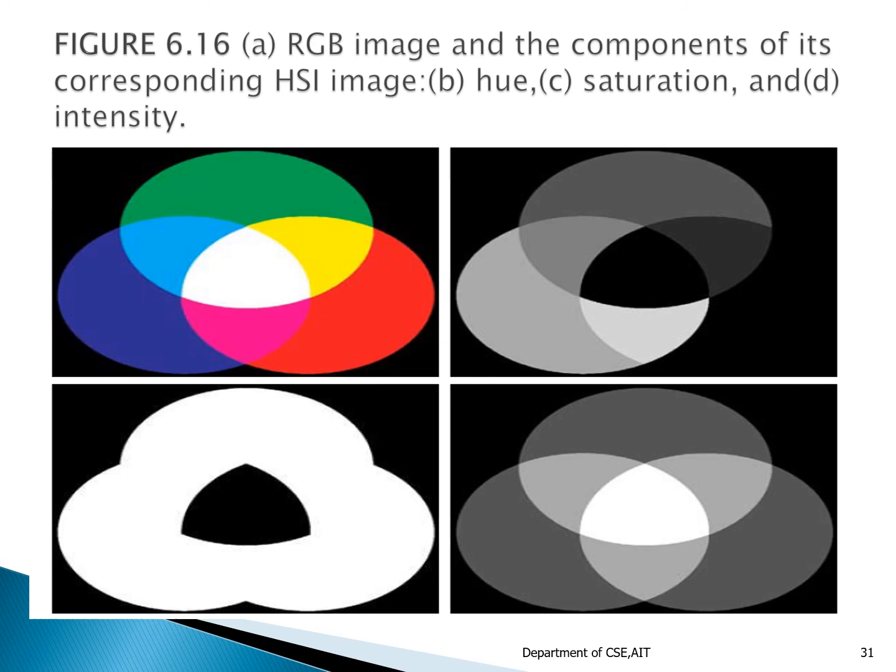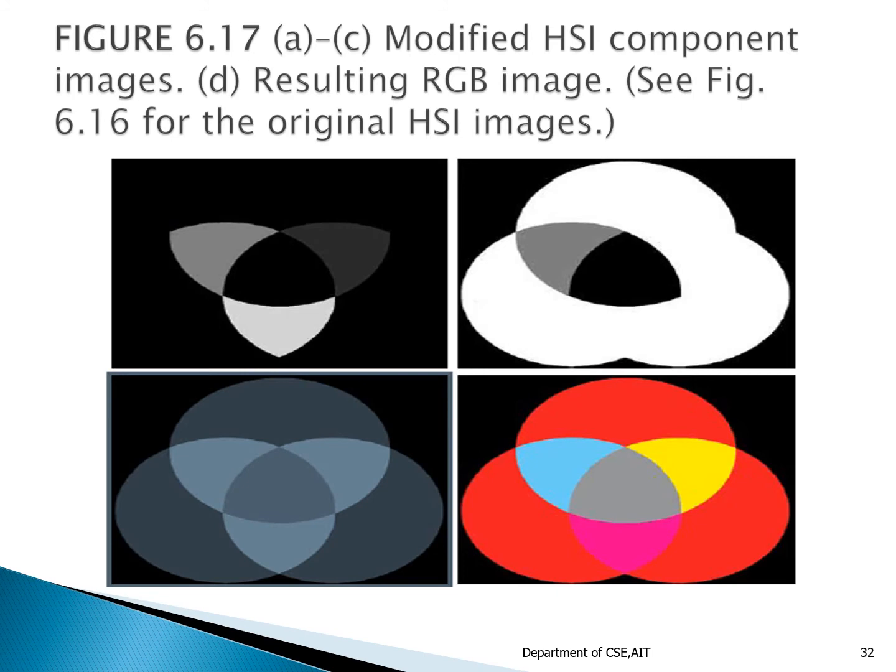This picture gives us the RGB image and the components of its corresponding HSI image. This picture gives the modified HSI components in figures A, B and C, and in D we can see the resulting RGB image.